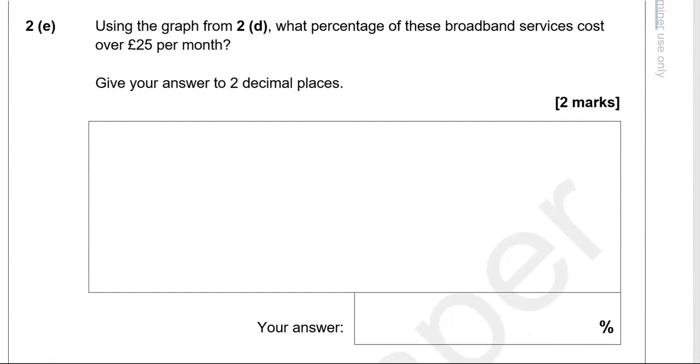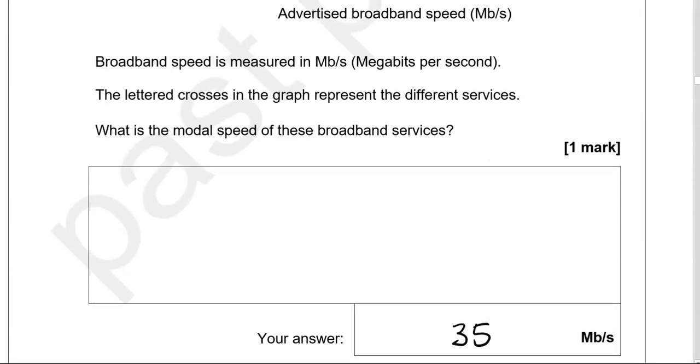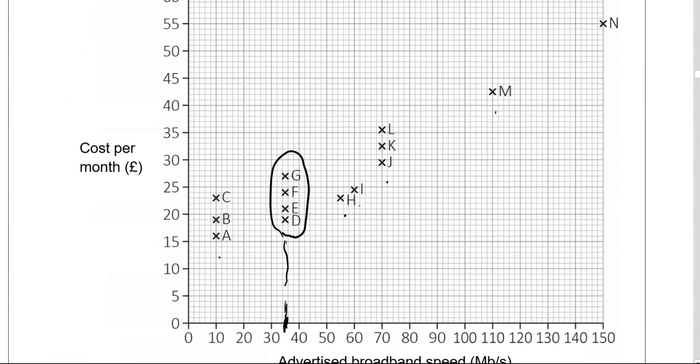Using the graph from 2D, what percentage of these broadband services cost over £25 per month? Give your answer to 2 decimal places. So cost per month is here. We're looking at over 25. So this is the cutoff point. So it does not include I. So anything above that.